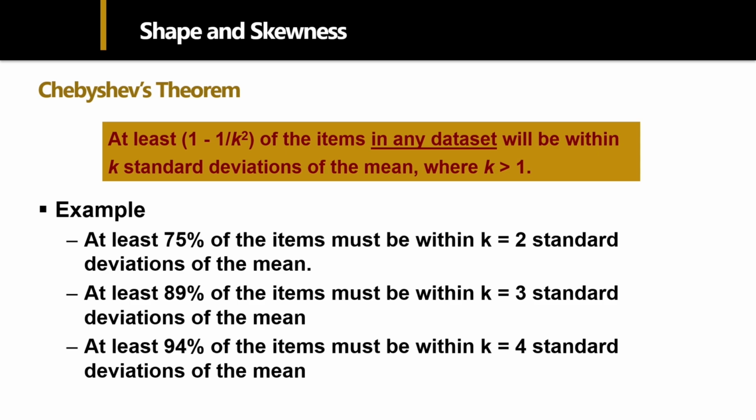So for example, any distribution at all will have 75% of all observations within 2 standard deviations. That jumps to 89% for 3 standard deviations away, and then 94% for 4 standard deviations away. Note that this is very different from the empirical rule, where we know what the underlying distribution is. For Chebyshev, this is general and works for any data set and any distribution.